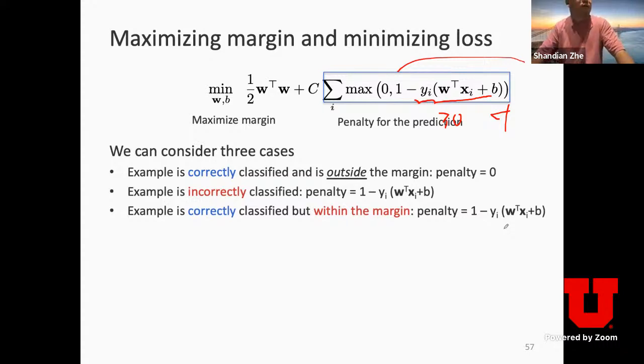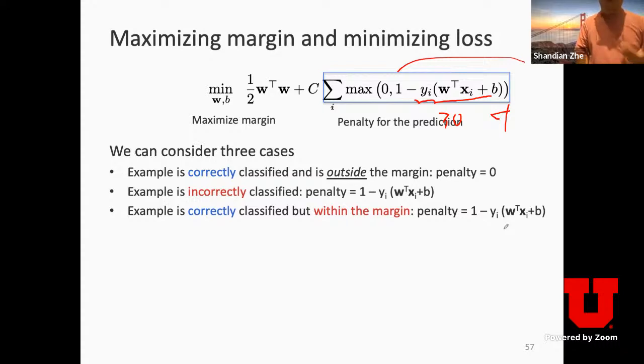So we see the interesting point here. If we make a wrong prediction, you're going to receive a big penalty. If you make a correct prediction, you still have the possibility of receiving a non-zero penalty.